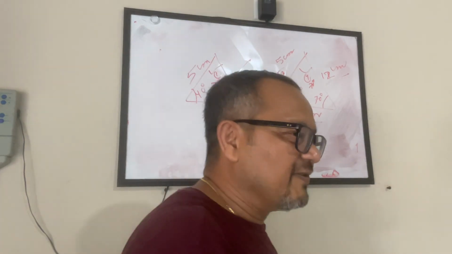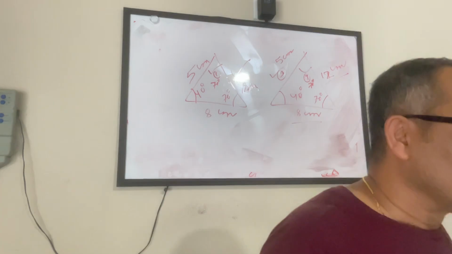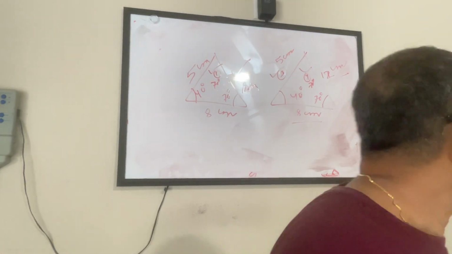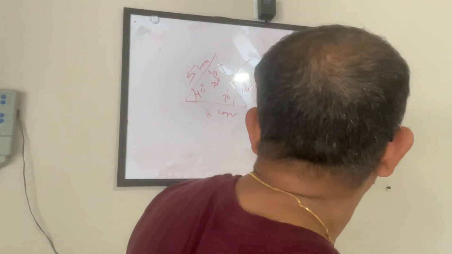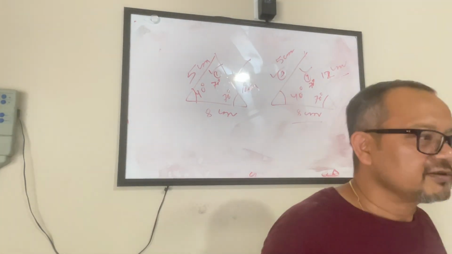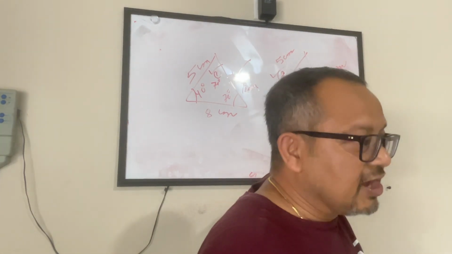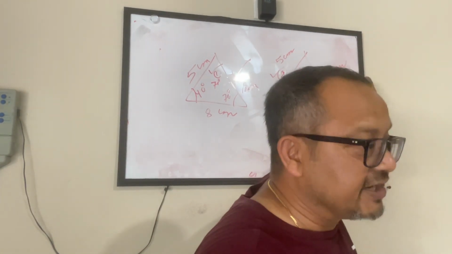Yeah, tell me, Vivan. You can't make a triangle with 5, 8, and 12. No, you can. 5 plus 8 is 13. This is greater than 12. As long as the sum of two sides is greater than the third side, you are fine.